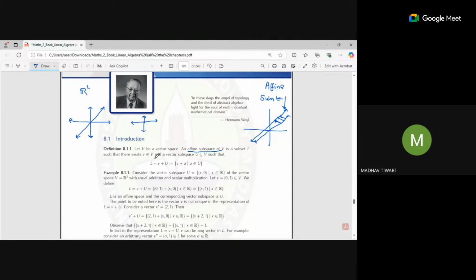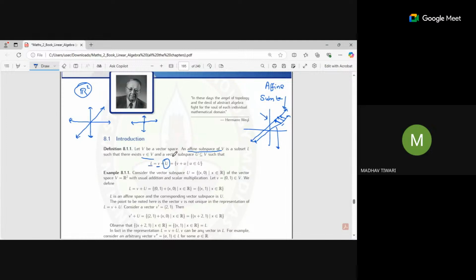Here you can see this point v belongs to the whole vector space R2 we are considering, and this is our subspace. This was our subspace, and this was our affine subspace. This U is representing the subspace, and this L is representing the affine subspace.